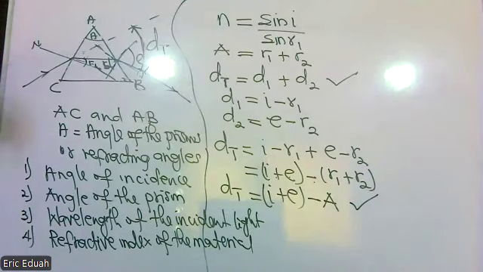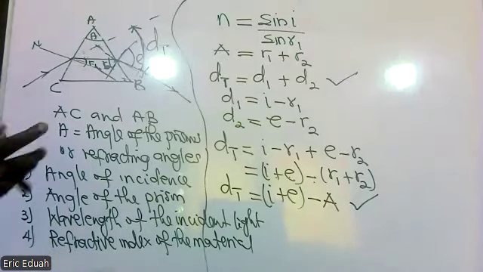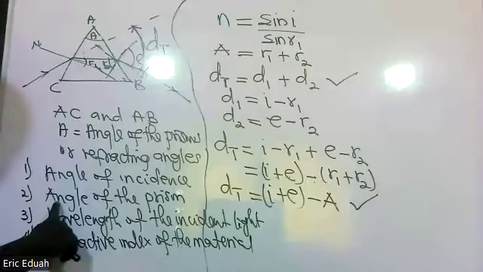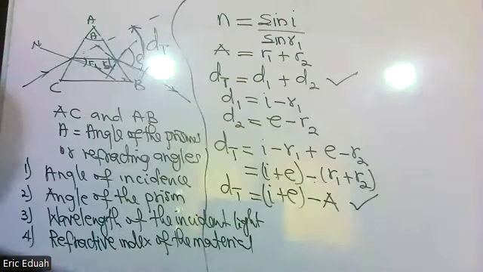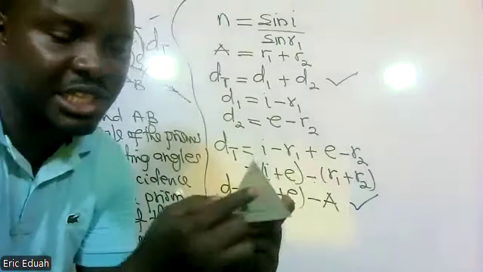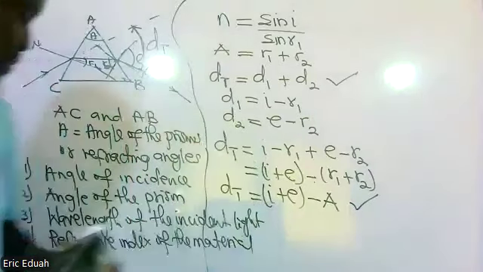Now, out of these four conditions, the only one we could control is I, the first one, the angle of incidence, because for the angle of the prism, once the glass is already made, you can't change it.